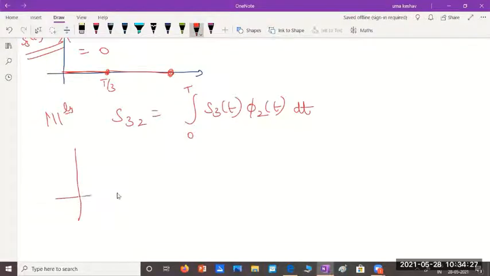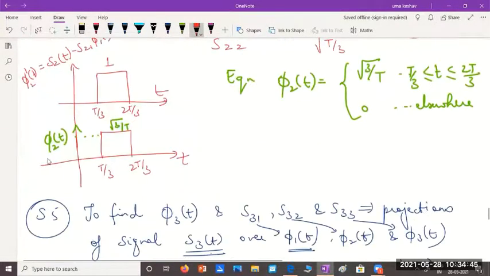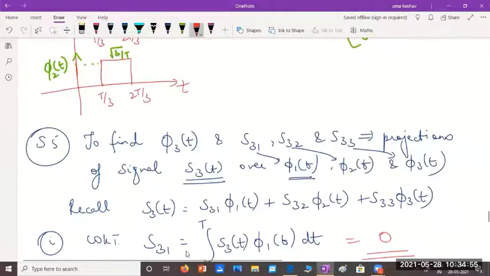What was the value? S3 of t is this 1 between t by 3 to t. And what was phi 2? Let's see phi 2. Between t by 3 to 2t by 3, it has the value root 3 by t.